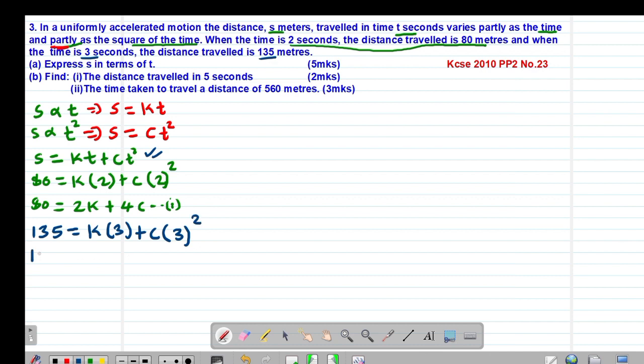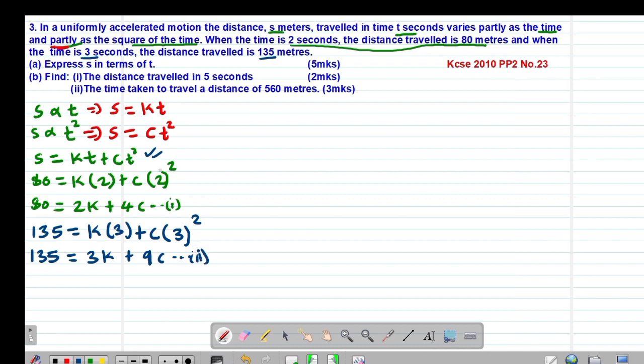So 135 will be equal to 3k plus 9c. This will be my second equation.